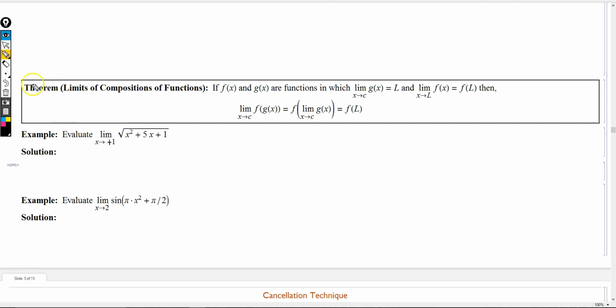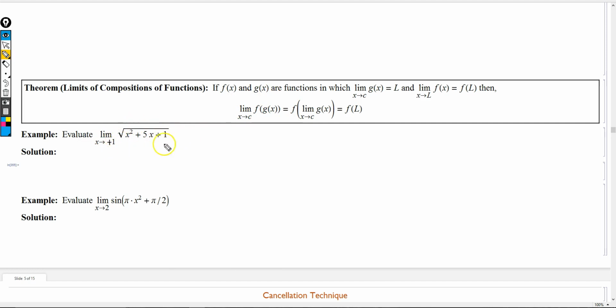Okay, so what we have here is, let's take the limit as x approaches 1 of the square root of x squared plus 5x plus 1. Now what this theorem justifies doing is actually moving the limit underneath the square root.